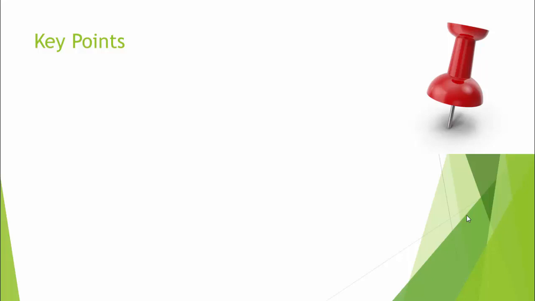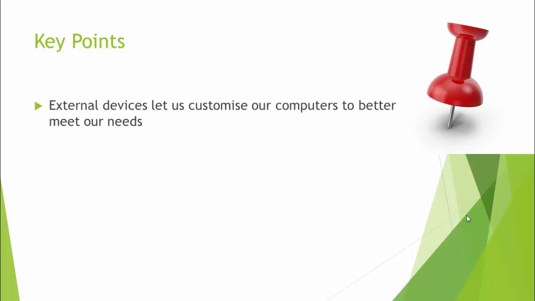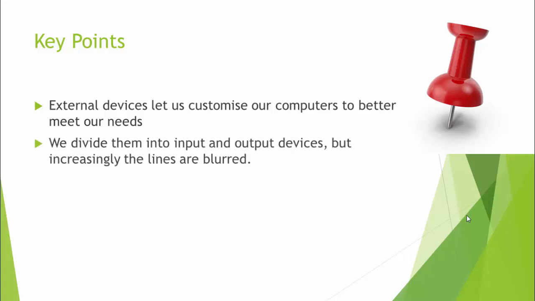Okay, that's our quick run through input and output devices. So these external devices let us customize our computers to better meet our needs that we may not have anticipated when the computer was manufactured or when we purchased it. We can divide them into input and output devices. You should be able to discuss each of these things, but the lines are blurring all the time.